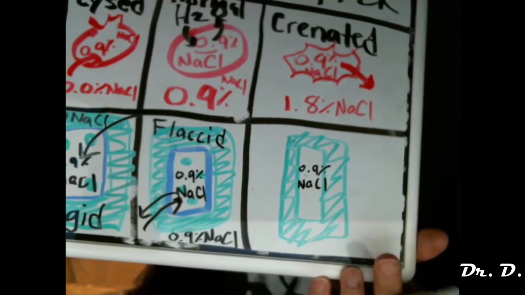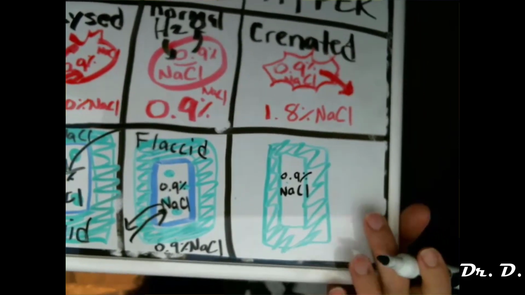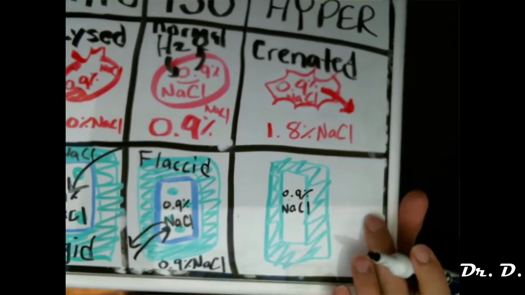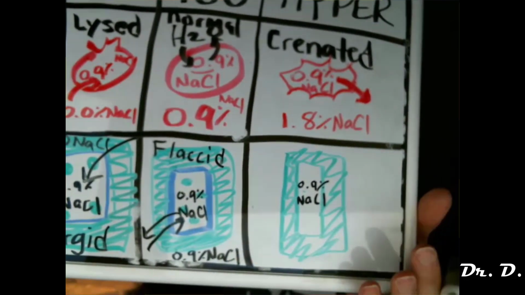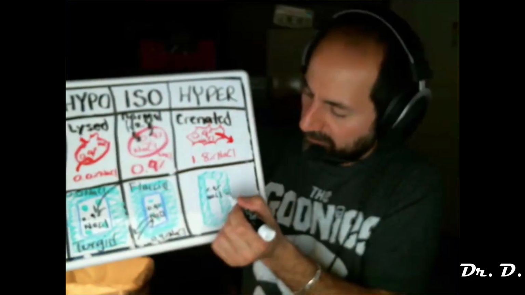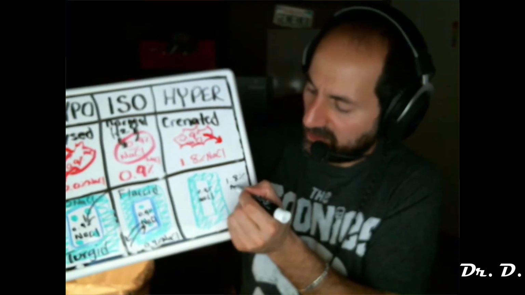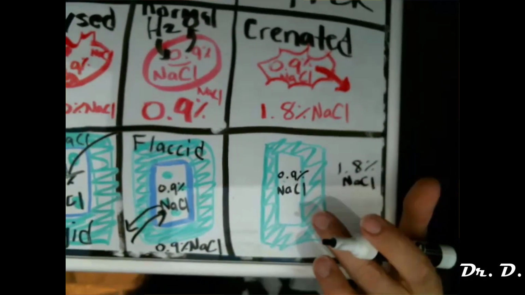What kind of water concentrations outside? What you need to know is that there's less water concentration outside than inside, which means there's higher salt concentration outside. Does that make sense? So outside would be, for example, 1.8% salt. That's more salt, right? More salt outside, less salt inside.